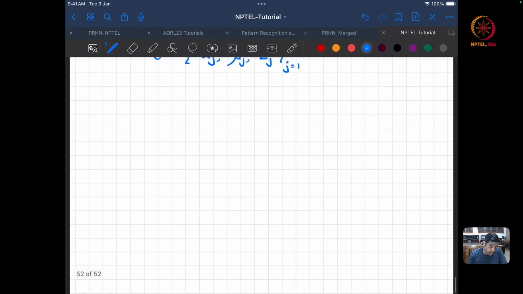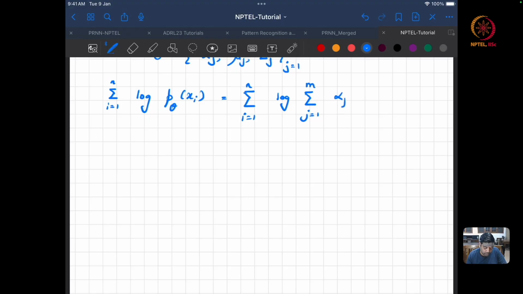Because of this, my log likelihood, the summation over i equals 1 to n of log of p theta of xi, is equal to the summation over i equals 1 to n of log of the summation over j equals 1 to m of alpha j p theta j of xi.